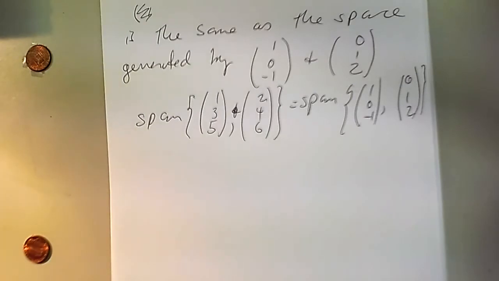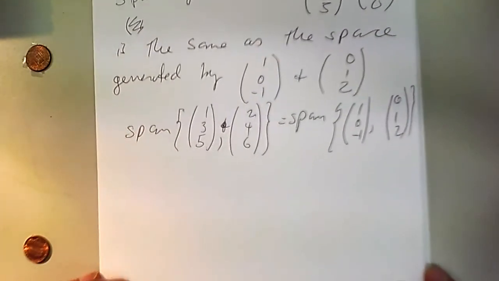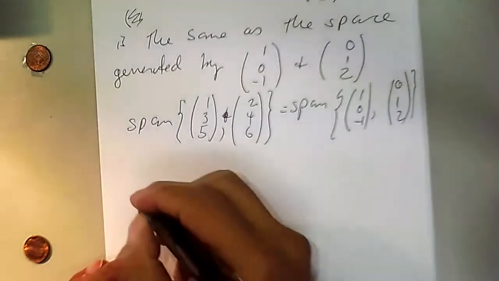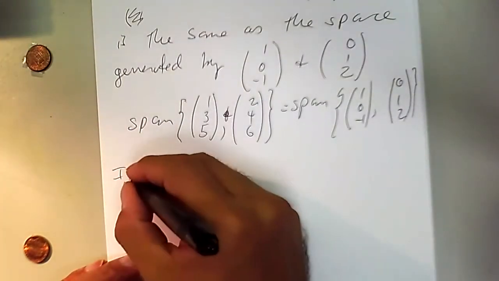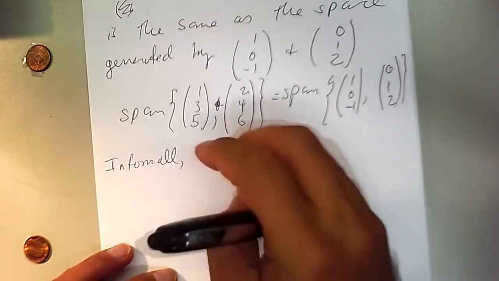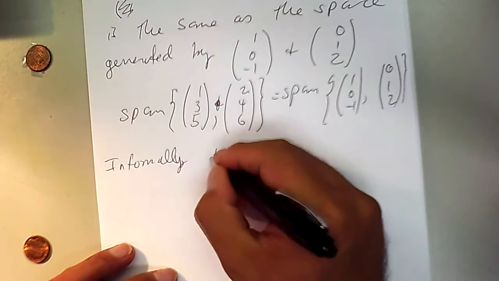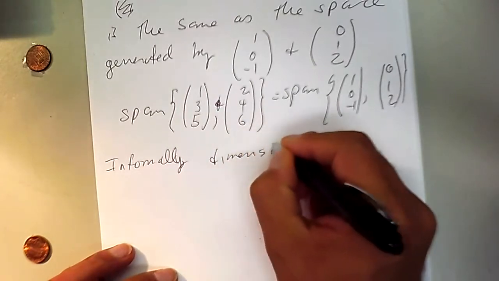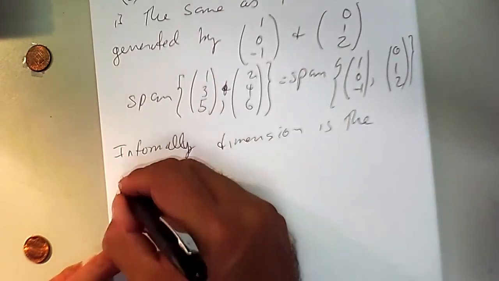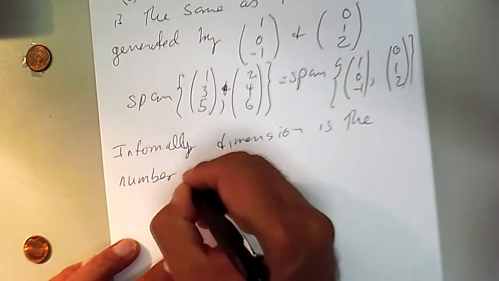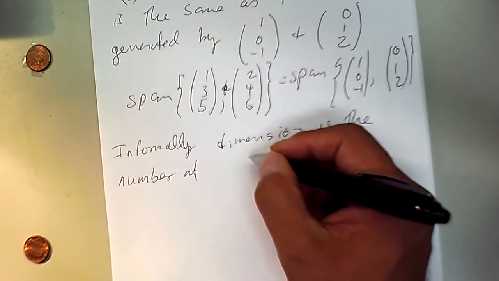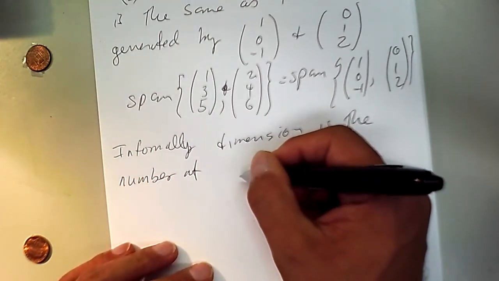Informally, let me talk about dimension before I continue, because the dimension is what is kind of important here. So dimension is the number of fewest generators of a space.